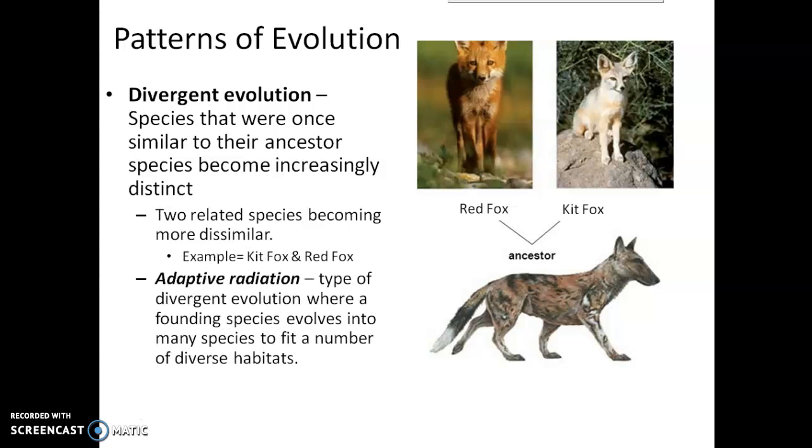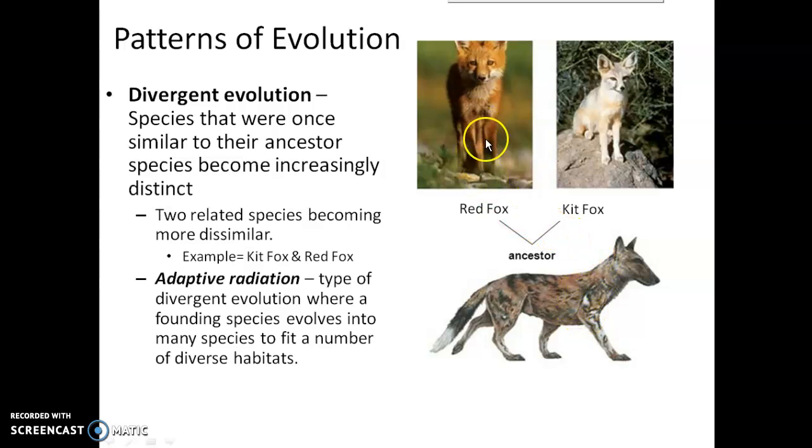Some real life examples would be the red fox, like what we have around here, and the kit fox, which is what we find in more desert or grassland areas. So they are thought to come from the same ancestor, which is a type of canine wolf or canine fox.